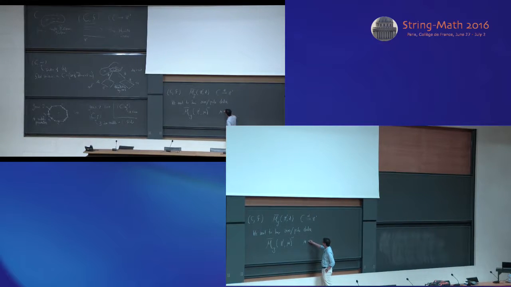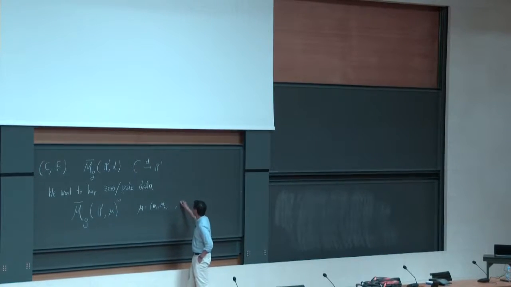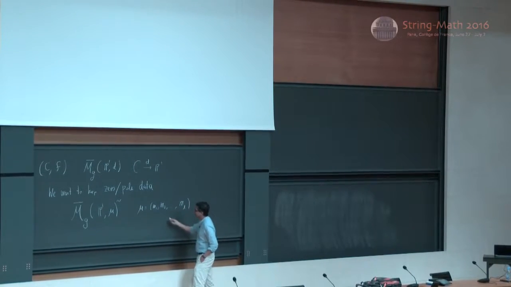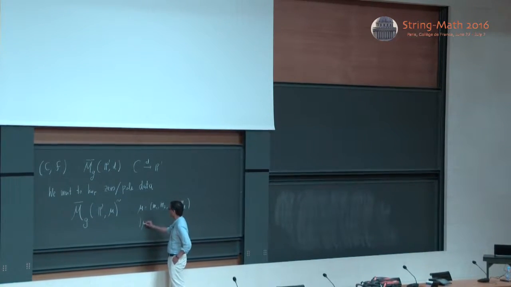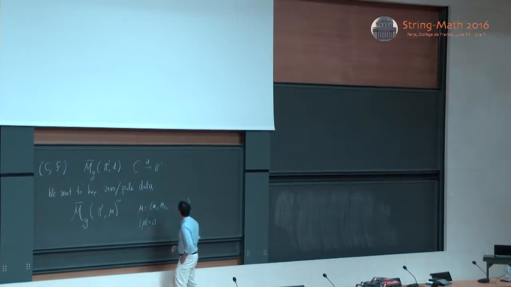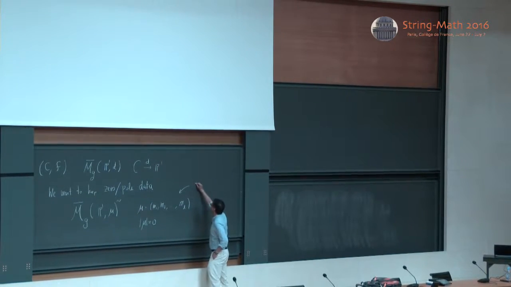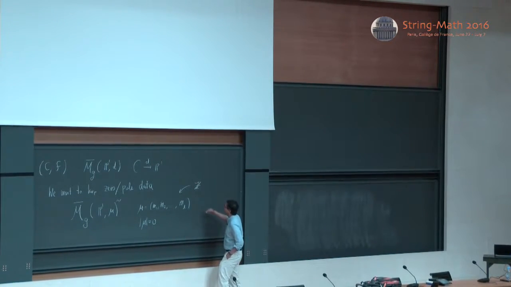I'll explain these symbols here. So this partition is a list of numbers: m1, m2, through ml. And these numbers are allowed to be positive or negative. And I have their sum to be 0. So these could even be 0. The elements here could even be 0.